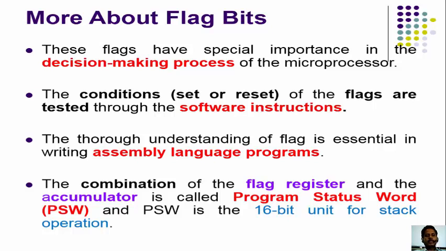This pairing of the flag register with the accumulator is mainly used to fetch the data available in the flag register. There is no special instruction available to access the flag register, so PSW is mainly utilized to fetch the data available in the flag register.